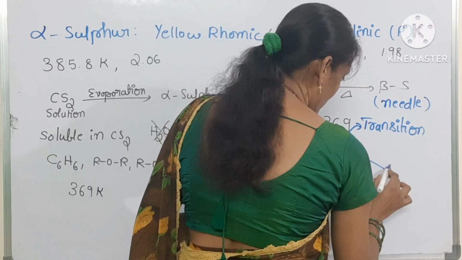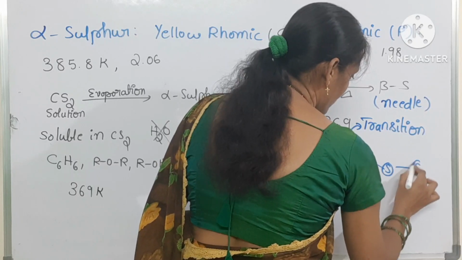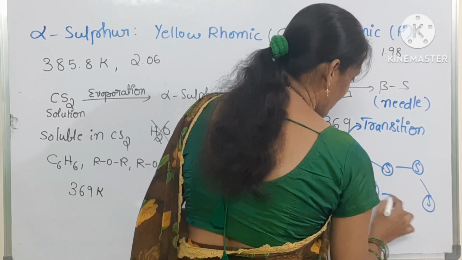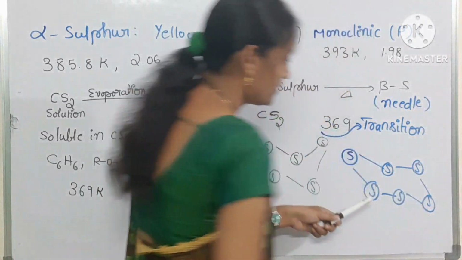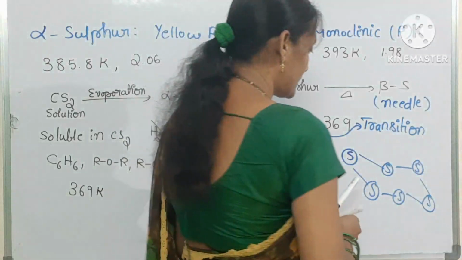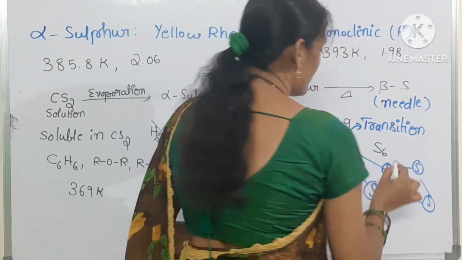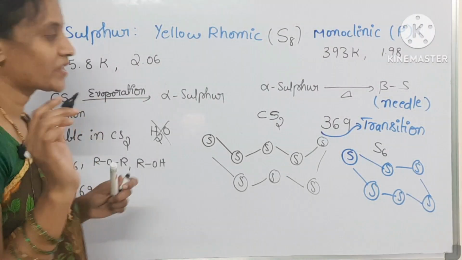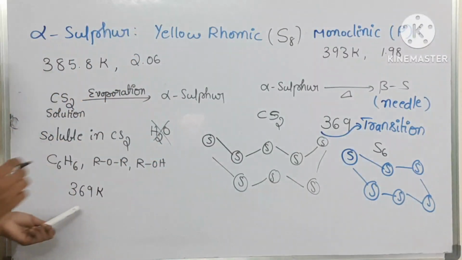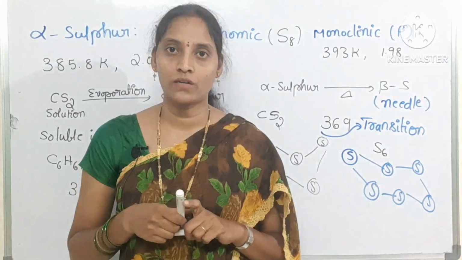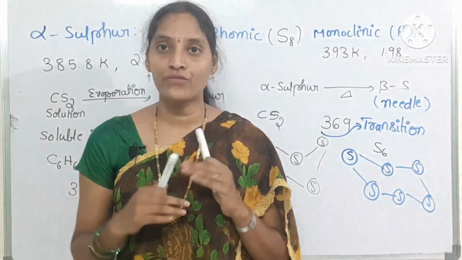See, this is the modified form, this is S6, this is the structure of S6. Okay, this is about allotropic forms of sulfur. Then we will move to sulfur dioxide.